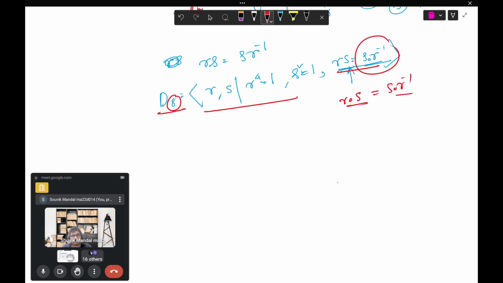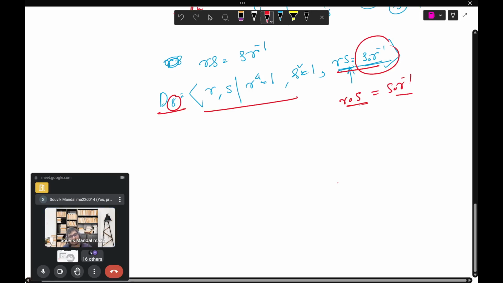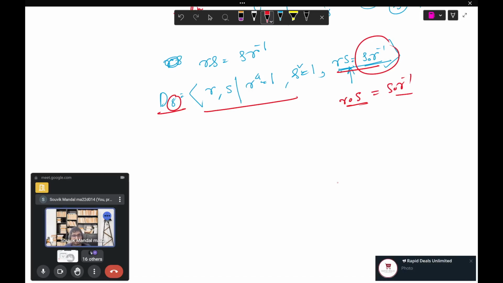Even if you write the third relation, it automatically satisfies. You are right. It will again be a group satisfying the same relations, but it will be a bigger group. That's it.